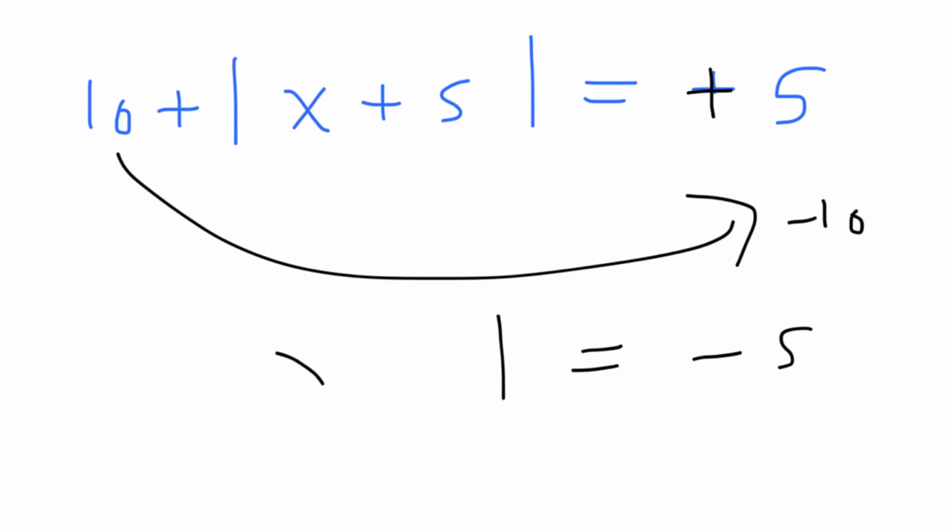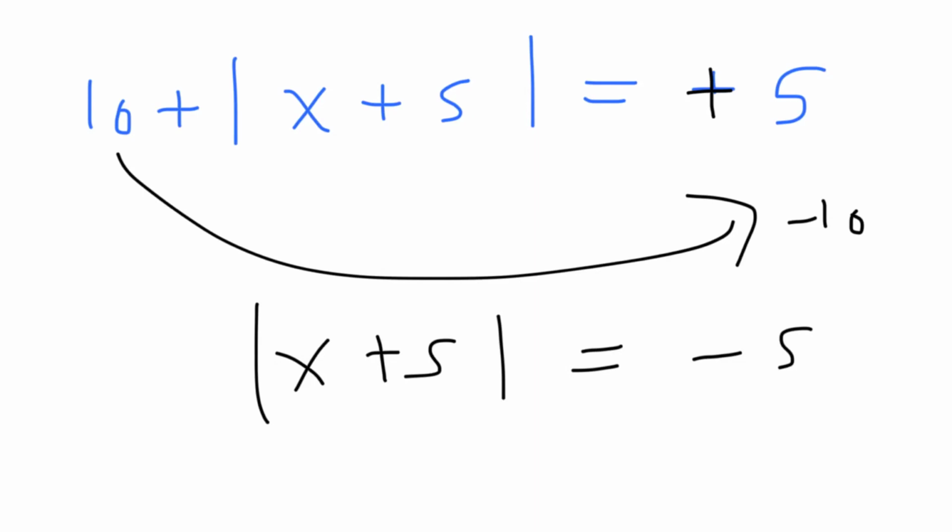So still, this is a problem. When you have a negative, the absolute value can never be negative. If it can never be negative, it means this problem is impossible. I'm telling you, solve for x, find the value of x. What is the value of x that makes it negative? It's impossible. Whatever x is, I don't care if x is positive or negative, big or small, it's not possible.